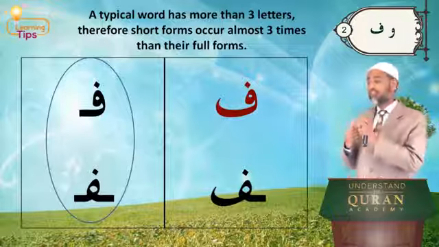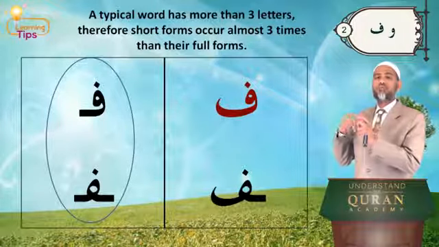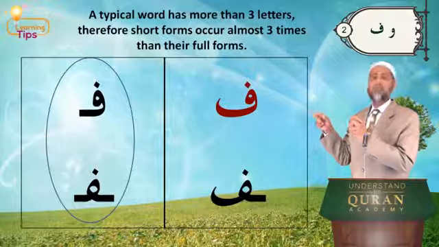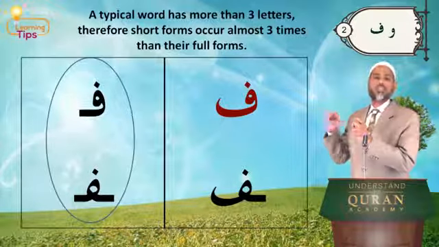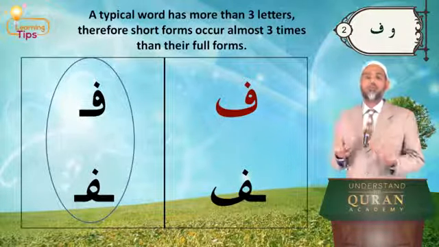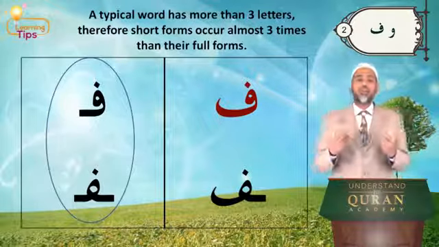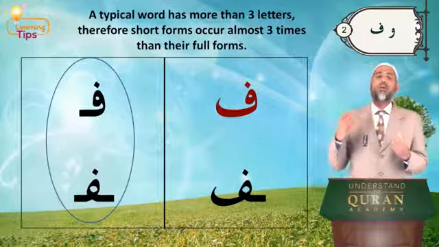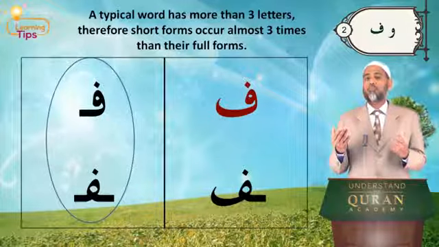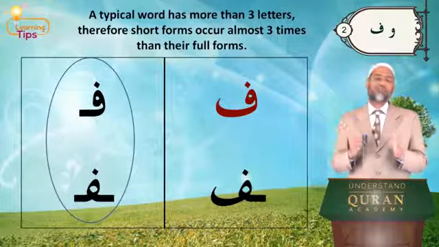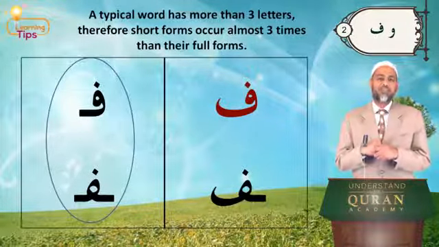Therefore, the first letter of a word may be full form, the last letter may be full form, but most of the letters inside a word are short form. Or a short form of a letter occurs almost 3 times or more than their full forms. In brief, what do we learn from here?